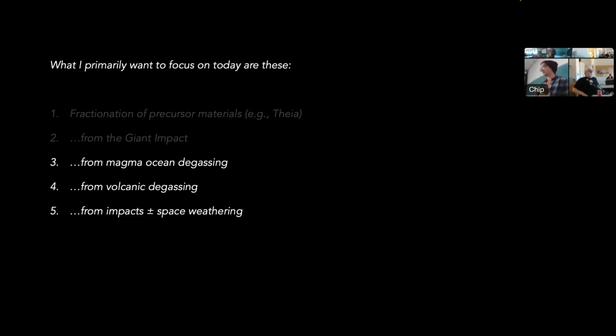Now, I want to by no means suggest we have definitive conclusions for a lot of these processes, but I want to discuss what our group has been looking at and provide a nuanced take on what these measurements mean and try to understand what processes are actually driving the boat in terms of why the moon is isotopically anomalous in many respects.